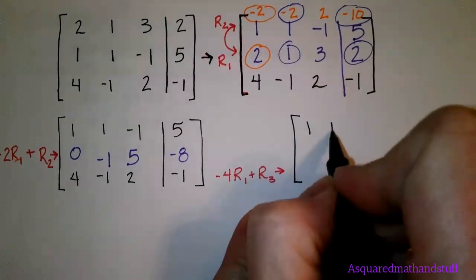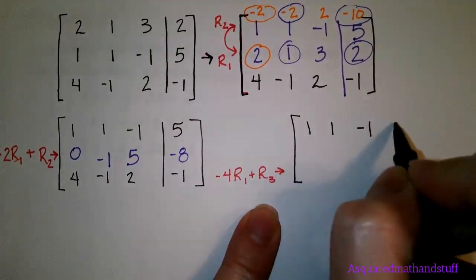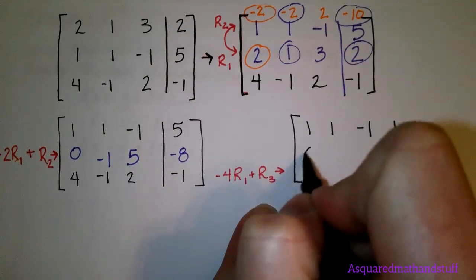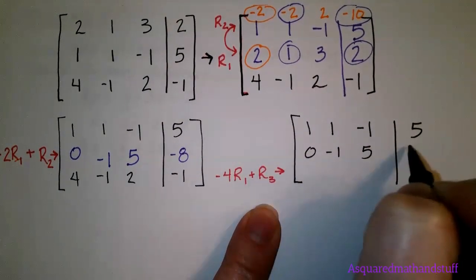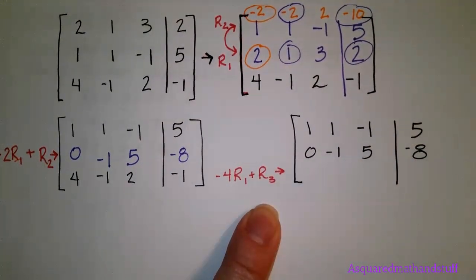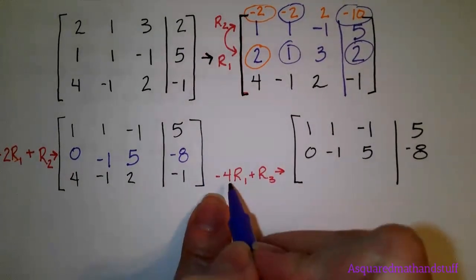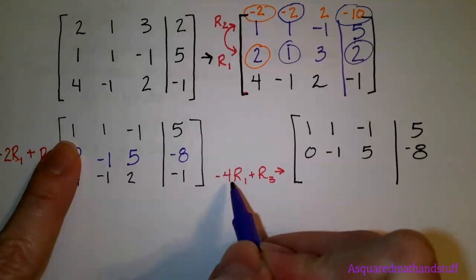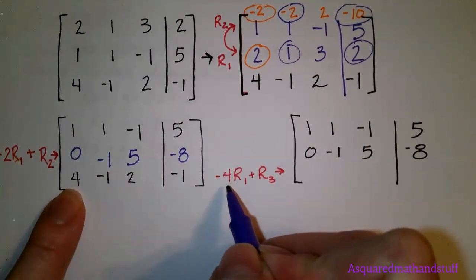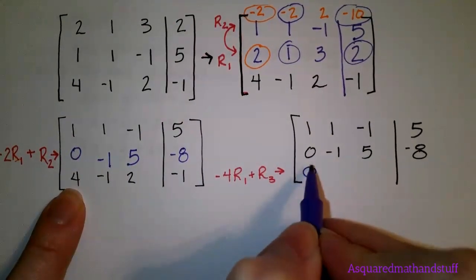So we're not changing row 1 or row 2, so rewrite those. 0, negative 1, 5, negative 8. And we're taking negative 4 times row 1, which was a negative 4, add it to row 3, so that makes this a 0.